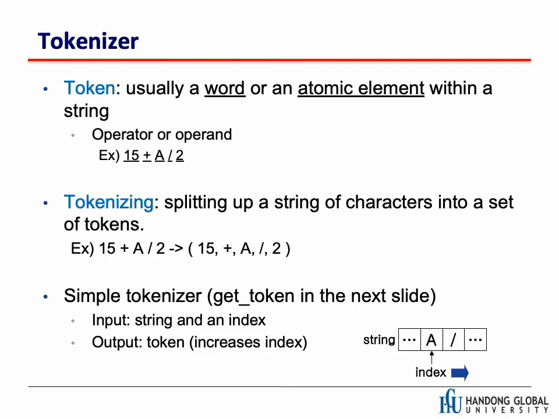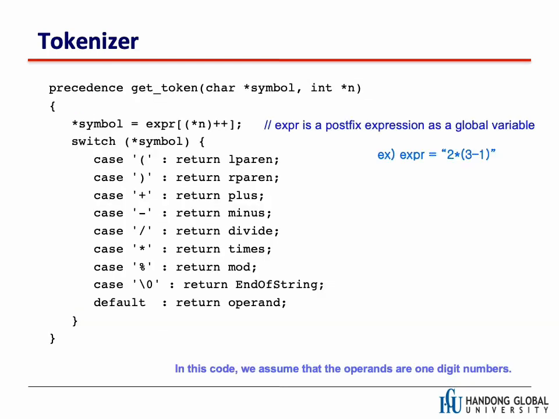But in the next slide, we will see a simple tokenizer, getToken. The input is a string and an index, and the output is a token. We can use this tokenizer for a postfix expression, or for an infix expression too.